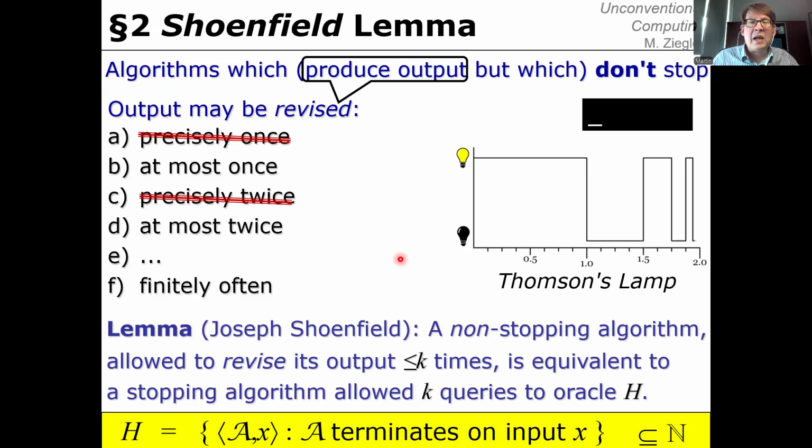So it may come up with the source code of some other algorithm and ask the halting oracle whether this other algorithm will terminate or not. Then it can create a different source code of a different algorithm and ask the oracle whether this one terminates or not, and it may do that up to k times.